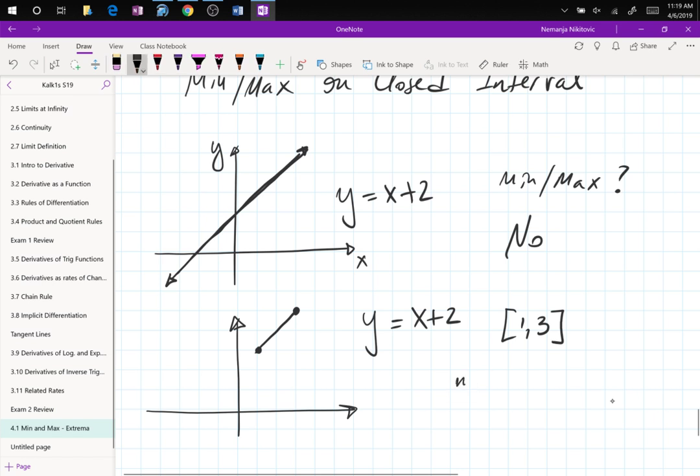Yeah. The min is going to be at 1, 3, and the max is going to be, in this case, at 3 and 5.